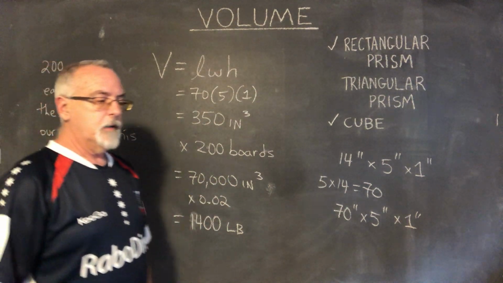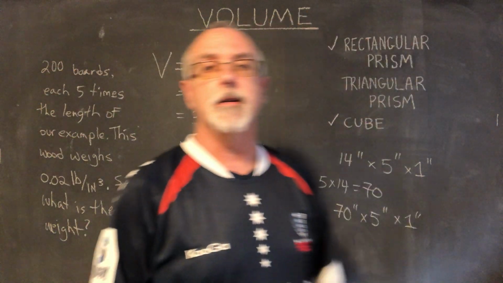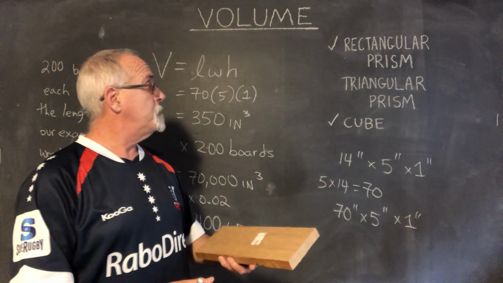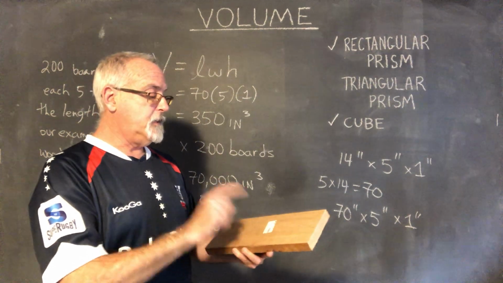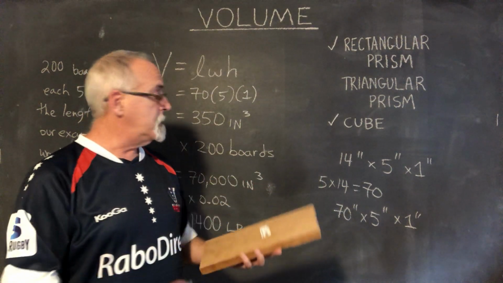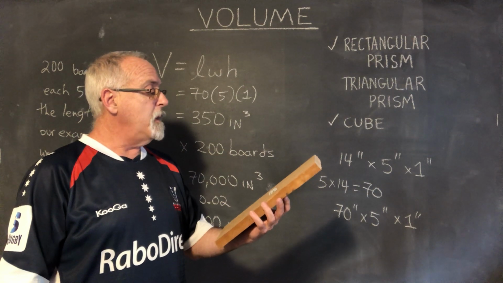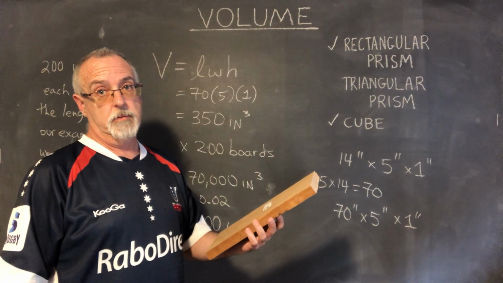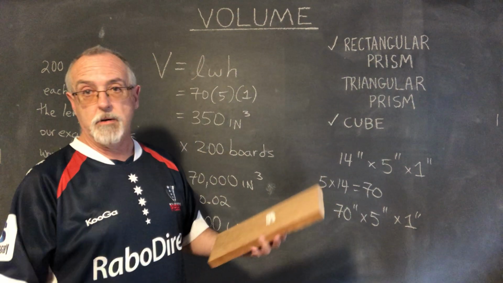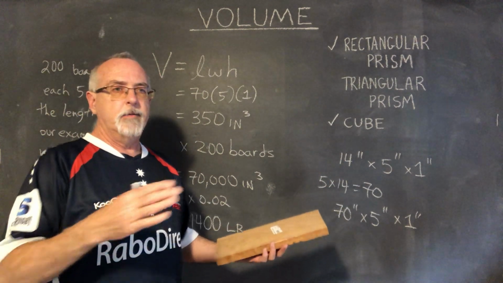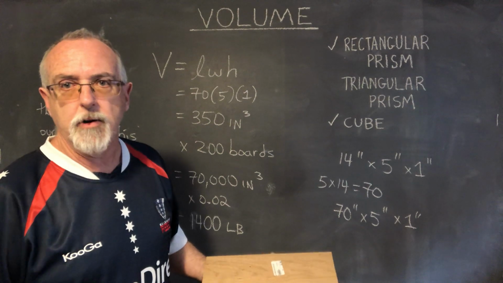But I didn't even bring in the price. Okay, yeah, let's just expand this little word problem just a bit. I'm keeping an eye on the time. I still want to do some triangular prisms. This board, which was 5 times this length, so it was 70 inches, cost $9. Now that's in my currency, so of course the price would differ, and the price from one store to the store down the street could differ.